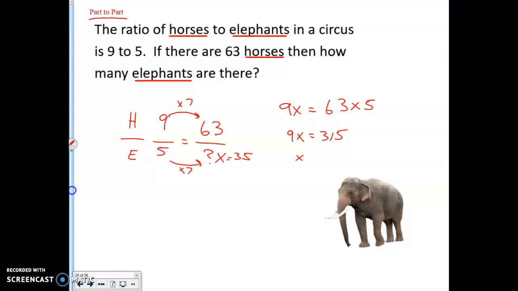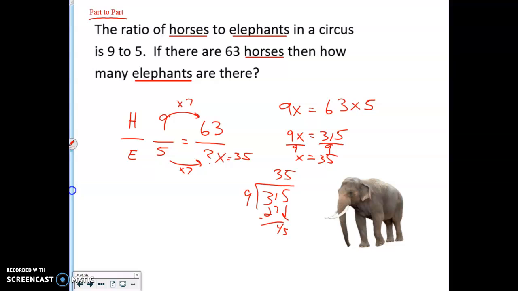Now I want to get X on a side by itself, so I have to divide both sides by 9. If I divide 315 by 9, it goes in there 3 times, 27, subtract, 45, 9 goes into 45 five times, and we still end up with X equals 35, just to prove that point.